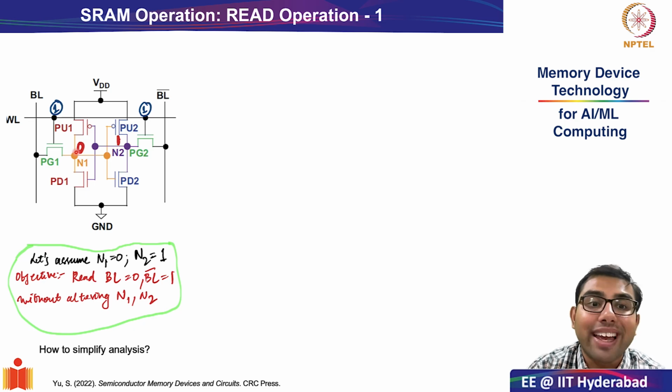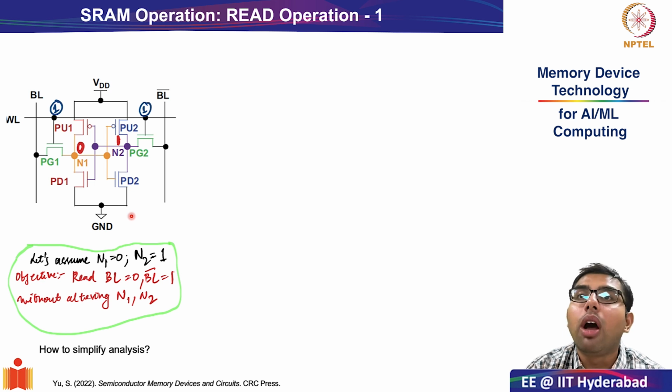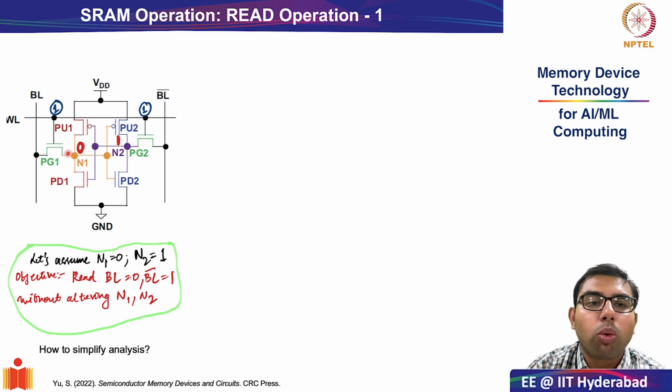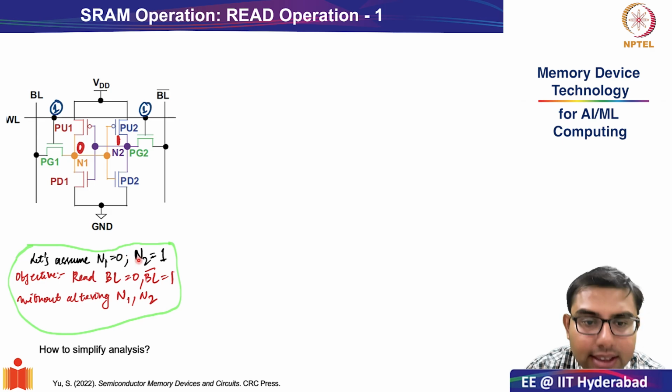There is no need to again explain that this SRAM cell, although a bit complicated, is storing only one bit of information, because storage node 1 will always be the complement of storage node 2. So in storage node 1 we have 0, and in storage node 2 therefore we have 1. So this is the setup.